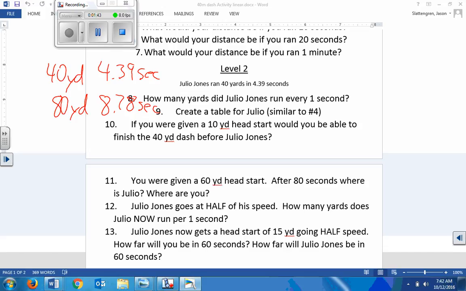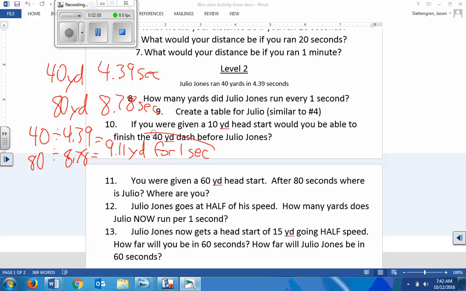In this case, it's not the slope. It is a slope, but it's not the slope because the slope is always per 1. And so we want this for 1 second, and you could divide each one of those, right, 40 divided by 4.39. Or if you want to do the other one that's scaled up, 80 divided by 8.78, because slope will always give you the same value, and you're always going to get this 9.11 yards for 1 second.